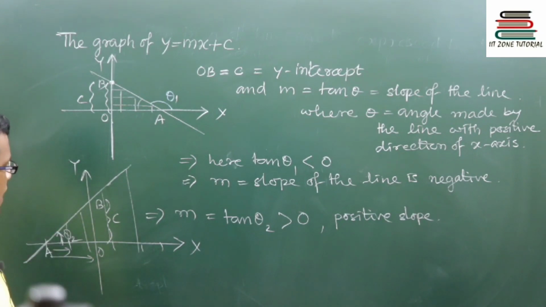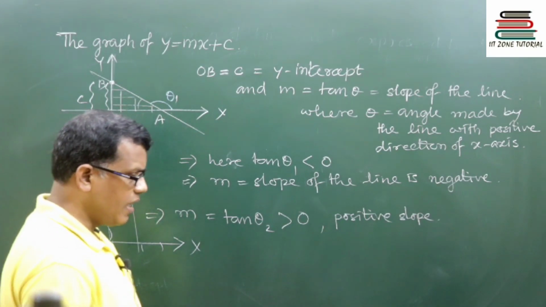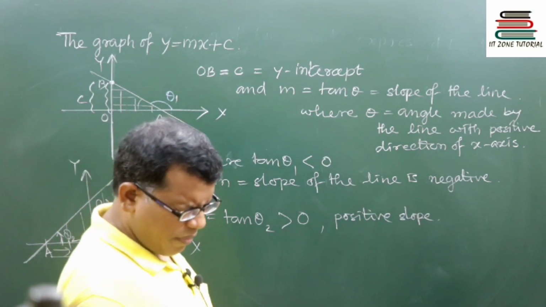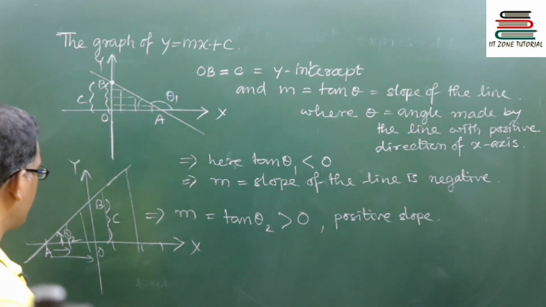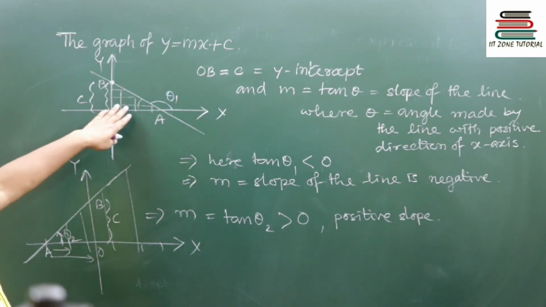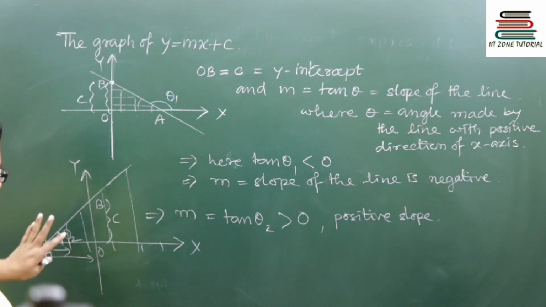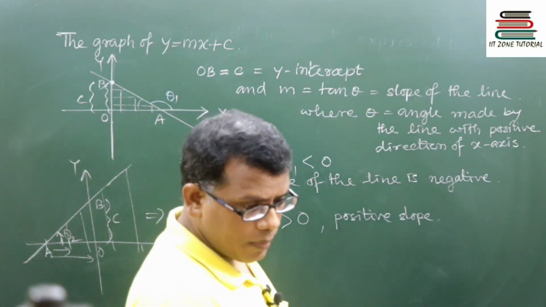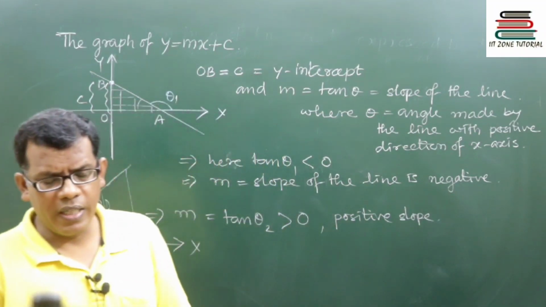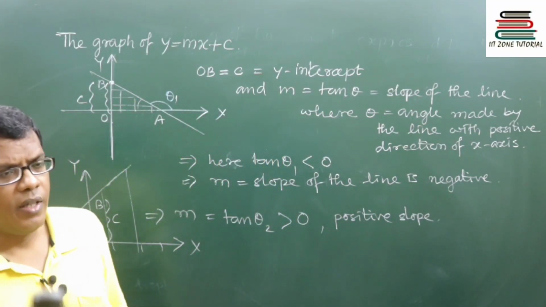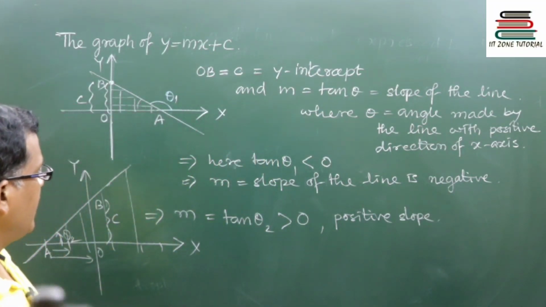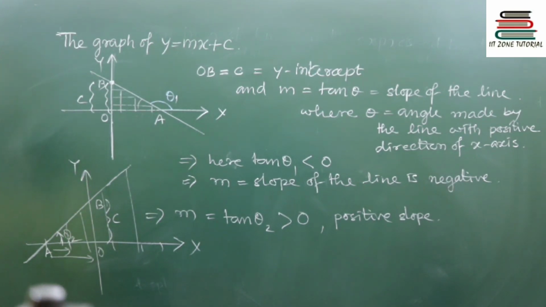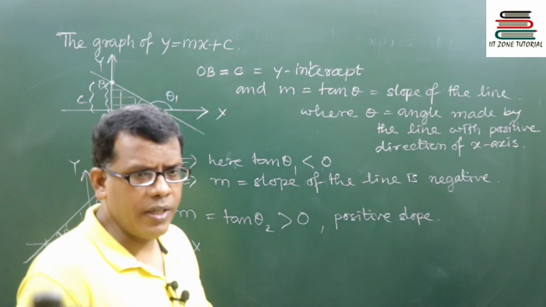In both cases I have taken the y-intercept c as positive, and the slope in this one was negative, here it is positive. We can decide whether the slope is positive or negative by observing the geometrical angle made by the line with the positive direction of the x-axis. Is that okay?